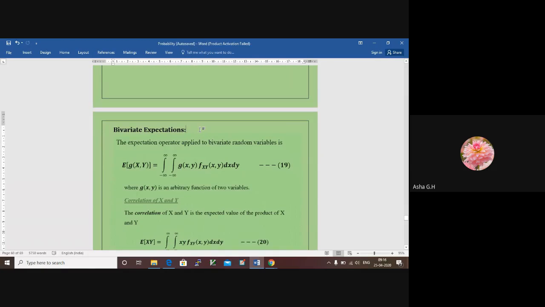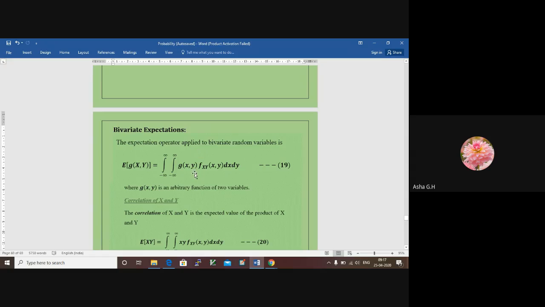The next topic is bivariate expectation. In the previous class, we understood what is the average or expectation, what is standard deviation, and what is variance. Now we will apply the same concept for two variables, bivariate random variables.